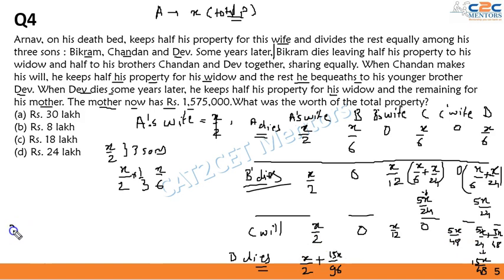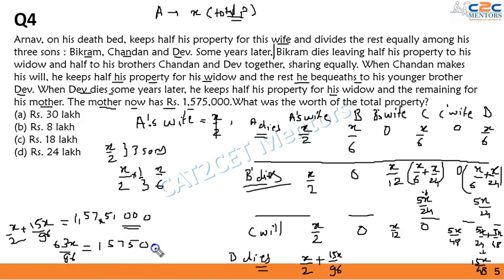So this calculation is x by 2 plus 15x by 96 is equal to 1,575,000. Okay, so this is nothing but 63x by 96 is equal to 1,575,000, and x is equal to 24 lakhs.